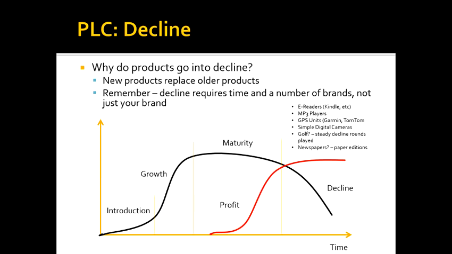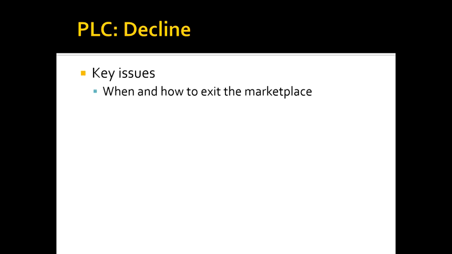So that's why products tend to go into decline. Note this is your product life cycle, not necessarily your brand. Your brand can do really well, or your brand could not do well. That doesn't mean that the whole set of products is in growth or in decline. It's how a group of similar brands perform together.